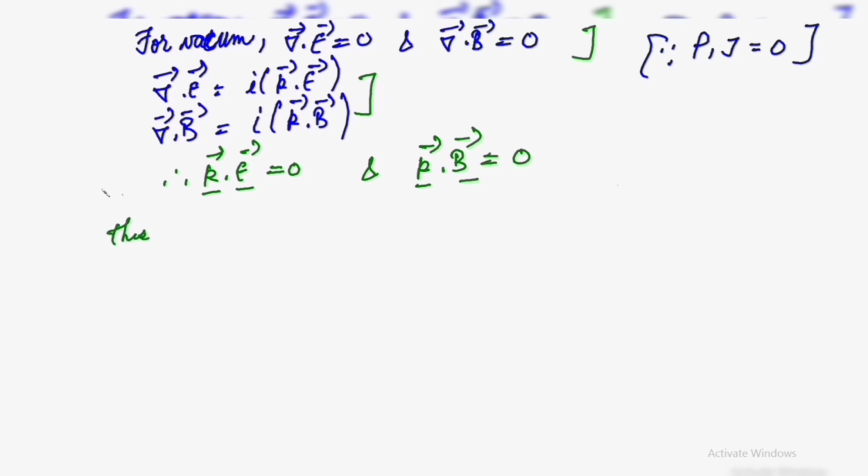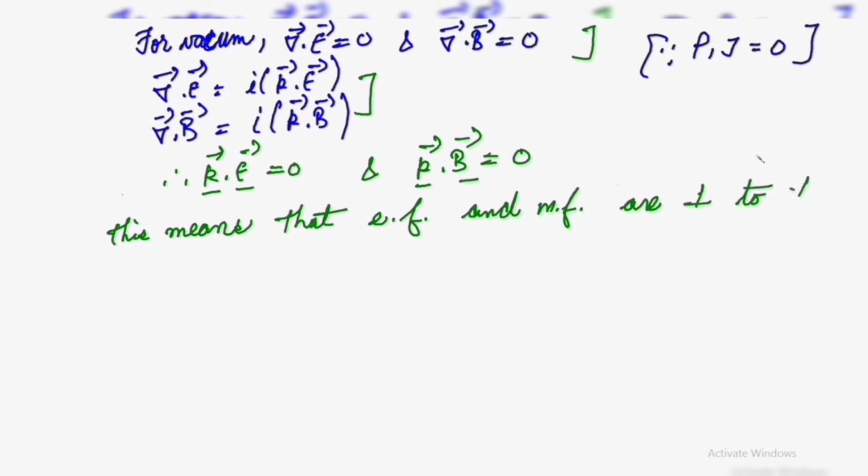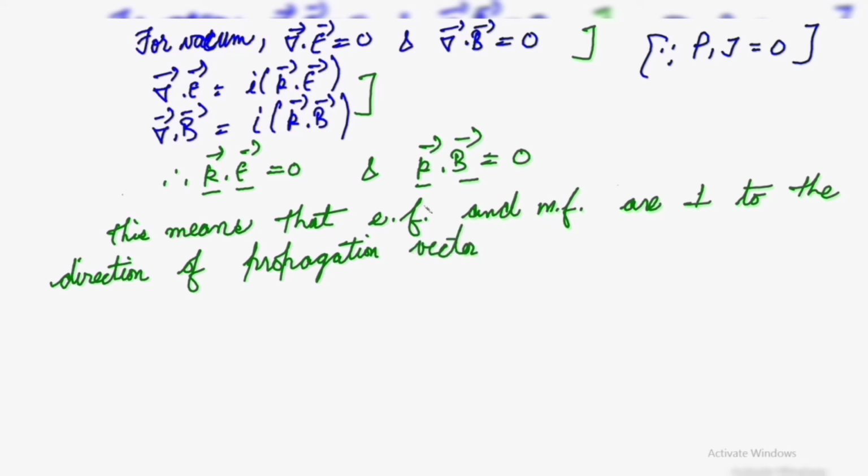So this means that the electric field and the magnetic field are perpendicular to the direction of the propagation vector, that is k vector.